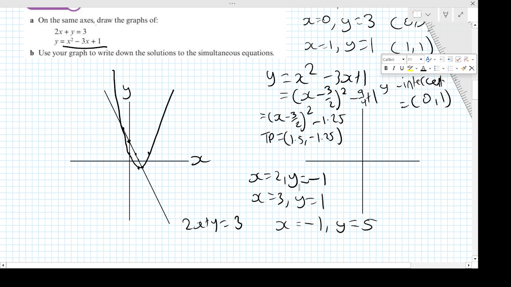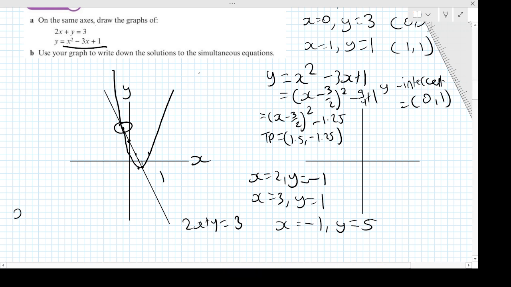Then it says for part B, use your graph to write down the solutions in this case, which is again why we're drawing the graph, because we want to get some accurate solutions, which come from where they intersect. So it's going to be this point there and this point up here. That's where they cross. Let's deal with this point first, point 1. Well, that's going to be this point here when x is 2, isn't it?